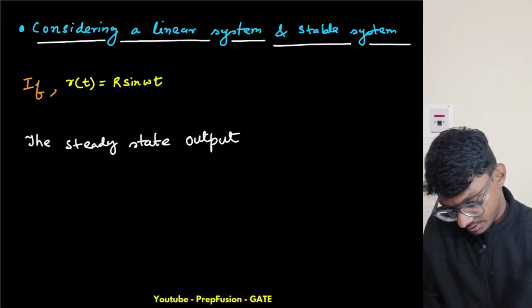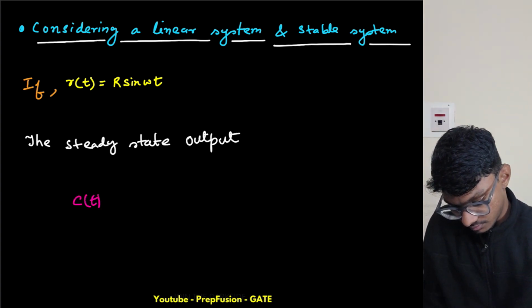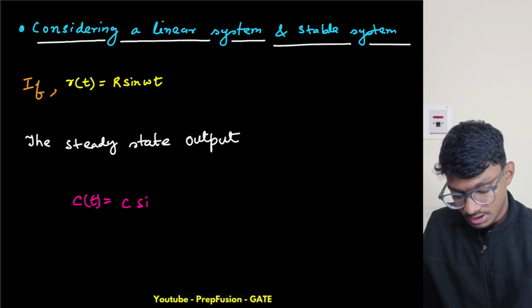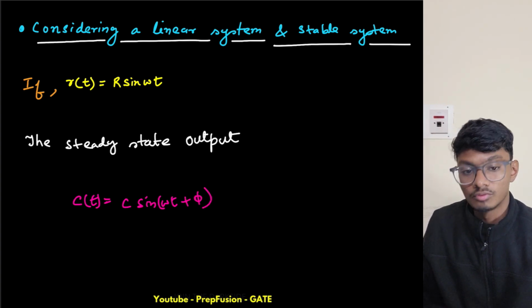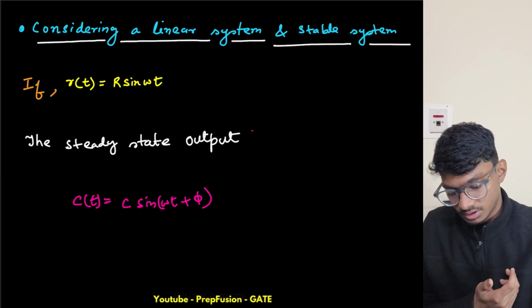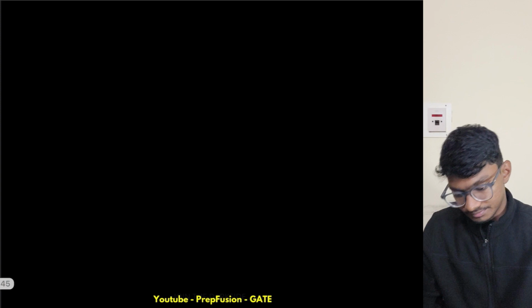So my c of t will simply be magnitude C sine, the frequency will be the same, omega t plus phi. Now what will this phi and this C be? We just prove it. Too many C's, so let's prove it.